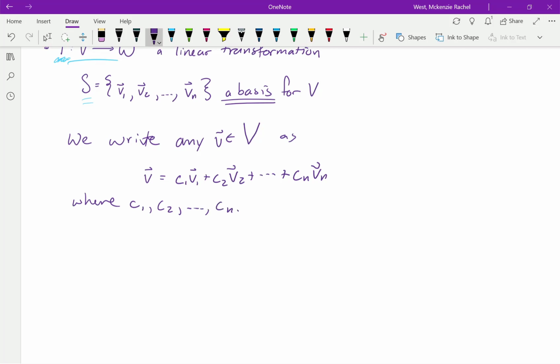That's the definition of being a basis, it tells us that. And then if we know what happens to each of these v1 through vn, we're going to be able to know what happens to v.